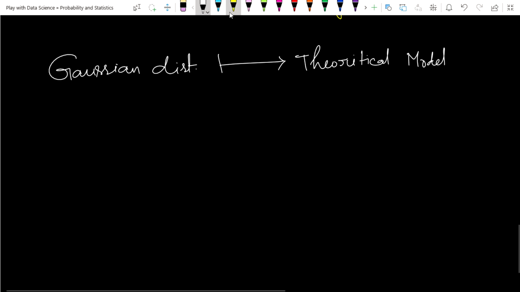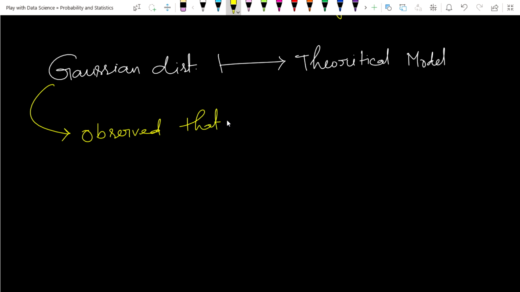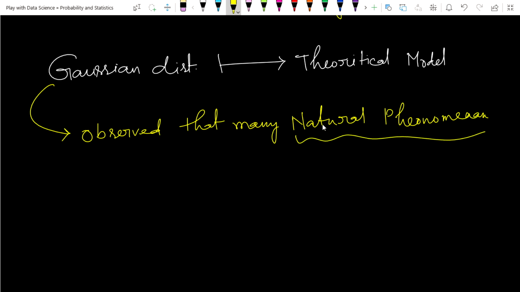And the second thing is that many natural phenomena are observed to obey the Gaussian distribution. What do natural phenomena mean?